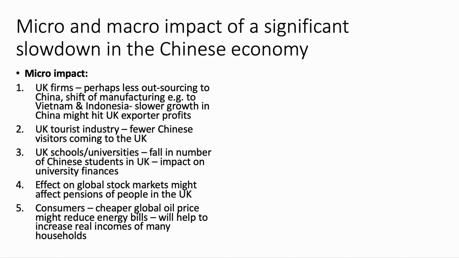And if commodity prices go down, for example, the world price of oil or gas or copper, then that leads to a fall in prices for many businesses and consumers. If oil prices go down, for example, that should bring down the energy bills for individual families, increase their real incomes, and help to relieve the hard-pressed budgets of millions of people.